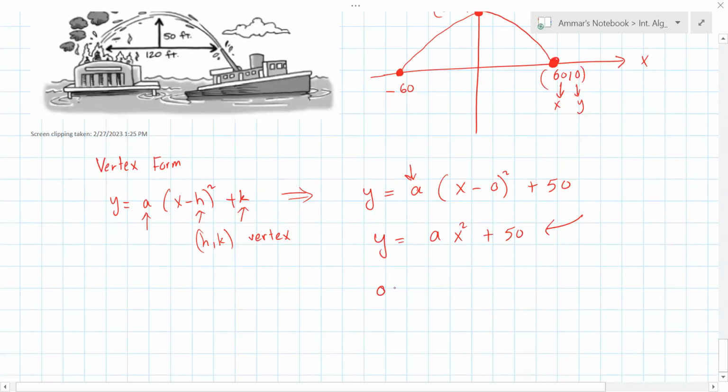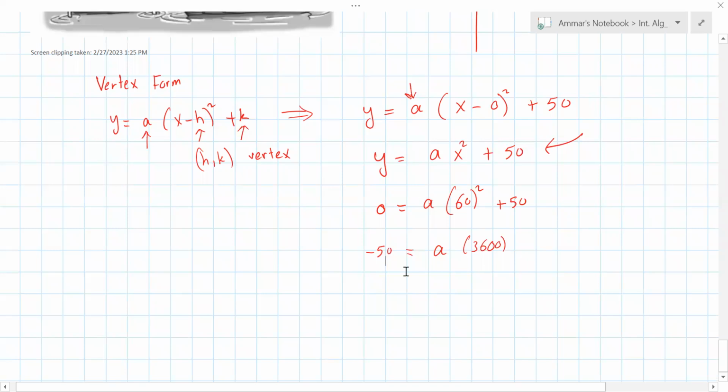So y will be replaced with 0, x will be replaced with 60, plus 50 here. And now I need to get a isolated. So I will subtract 50 from both sides. And as you know, 60 squared is 3,600. Subtract 50 from both sides. So this is negative 50.